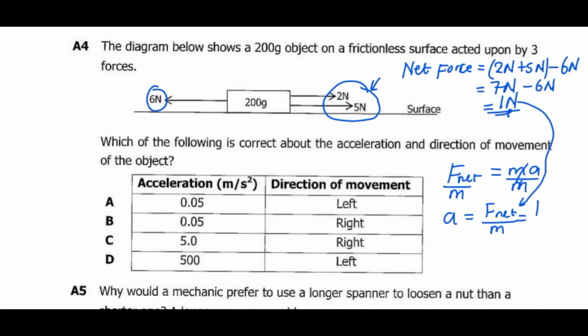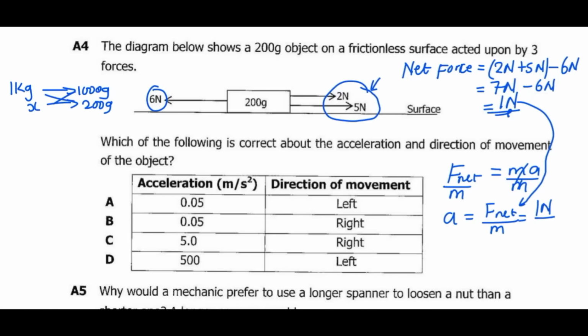So we have 1 newton divided by the mass. What's the mass? The mass is 200 grams. Now remember, whenever you are dealing with this formula, the mass should be in kilograms. So 1 kg is equal to 1,000 grams. Then we have 200 grams, and we put x here.